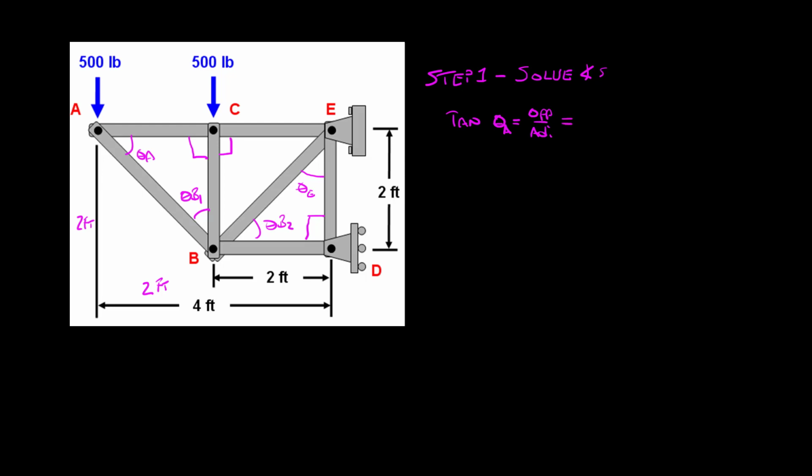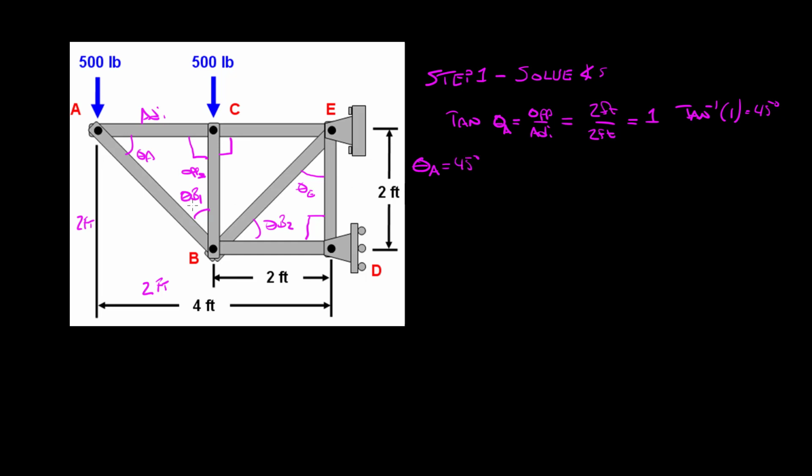In this instance, that is 2 feet over 2 feet, here's my adjacent, and then here's my opposite right there. So that's going to equal 1, and the inverse tangent of 1 is equal to 45 degrees. So that's pretty easy. Theta A is equal to 45 degrees.